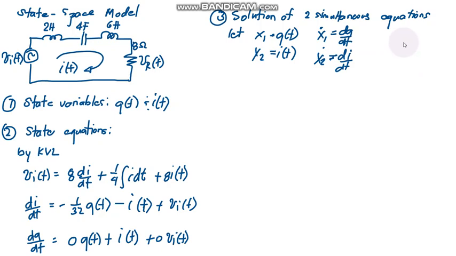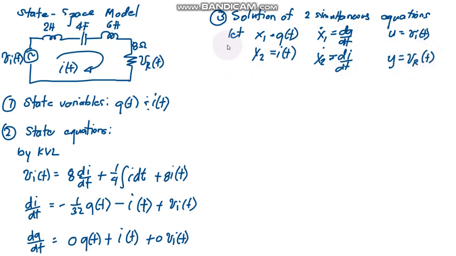Let us also assign u to be our input VIT, and let's assign y, these are just notation, to be the output, which is the VR of t.